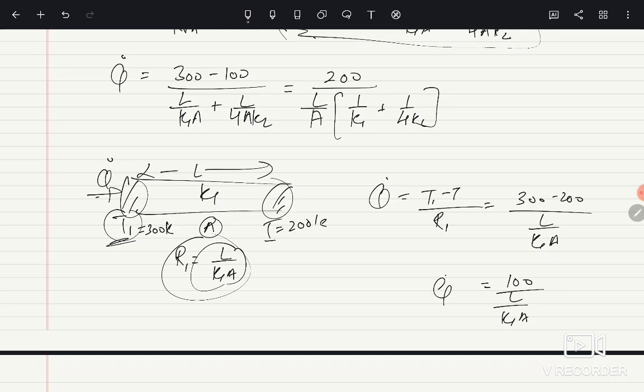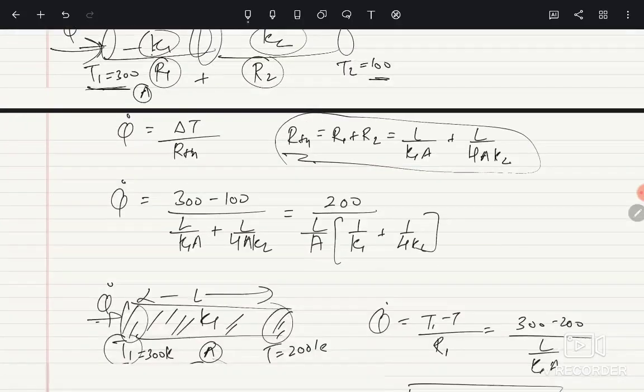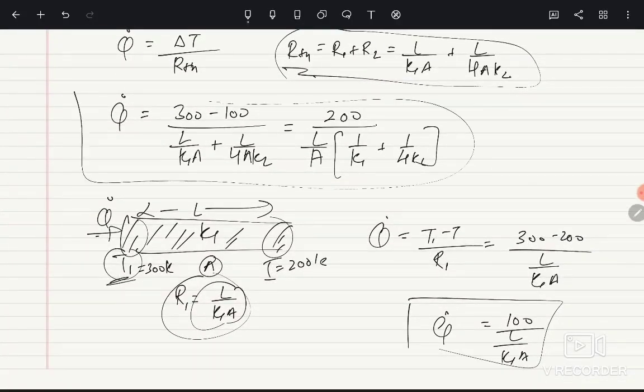So this is the heat flow we are getting through K1 only, and the same heat is flowing through the whole material from K1 to K2. We have calculated this, so we have to equate both these equations to get our answer.